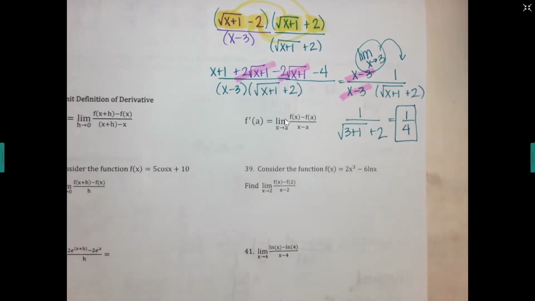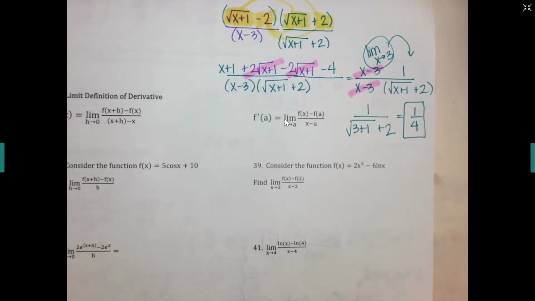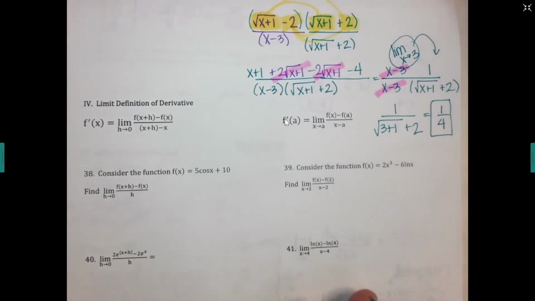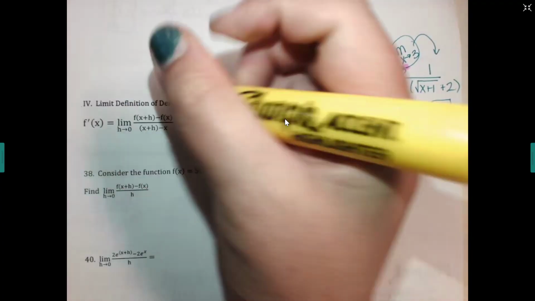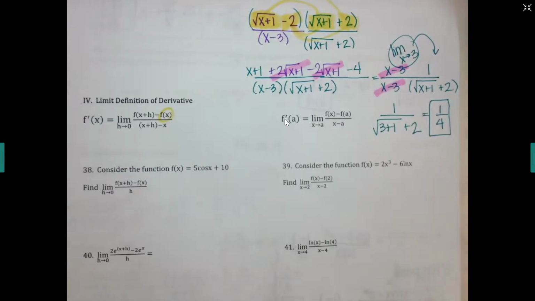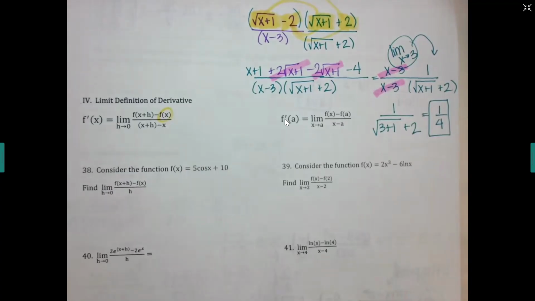All right. The bottom of this is what we just learned last class. So I just want to remind you, where does the f of x live in each of the equations? You'll have these on your cheat sheet. But if you're doing an h approaches 0, do you remember your f of x comes at the back? And then you just take the derivative. So let's say I'm doing 40.